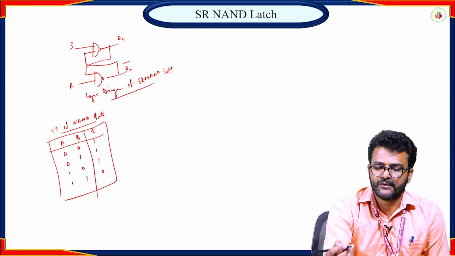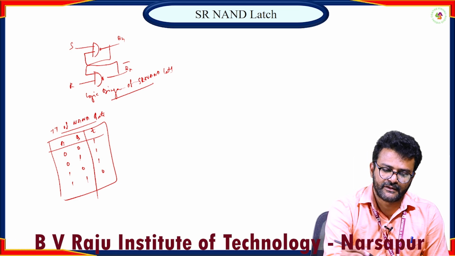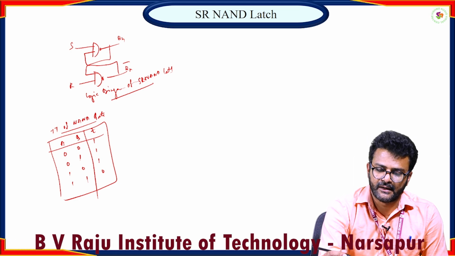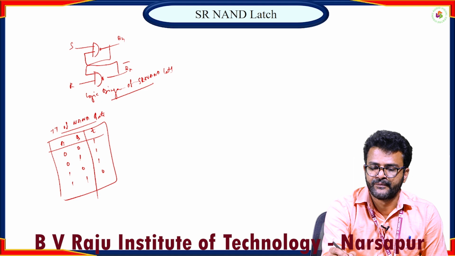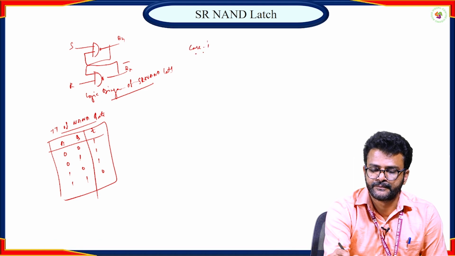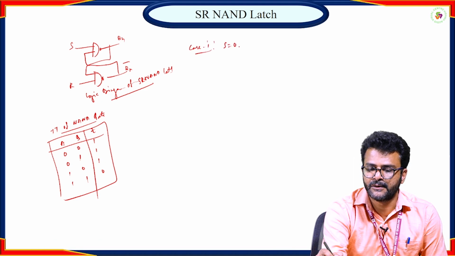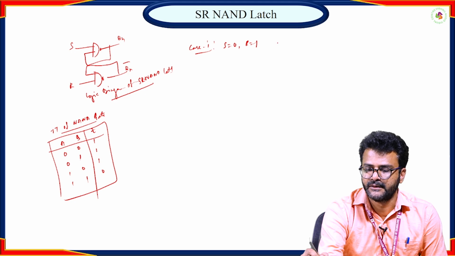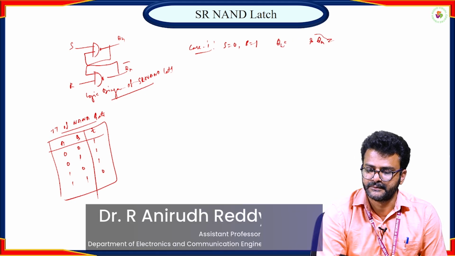Now we'll go with whatever procedure we followed for the SR NOR latch. Case 1 is when S is equal to 0 and R is equal to 1. Then we check for Qn and Qn bar.